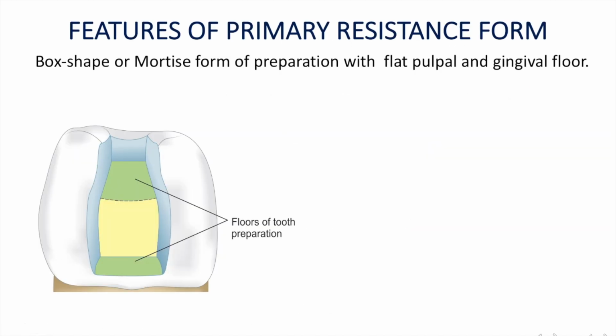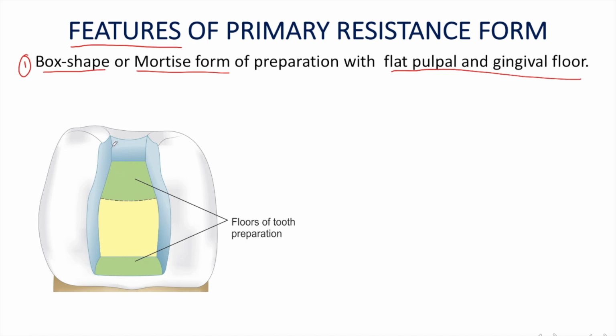As per the definition of the resistance form, we need certain features of the preparation to have adequate resistance form. First and foremost is the box shape or mortise form of the preparation with flat pulpal and gingival floors. Now let's understand what it means.